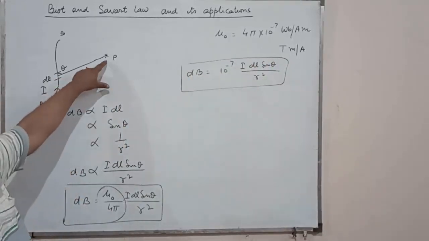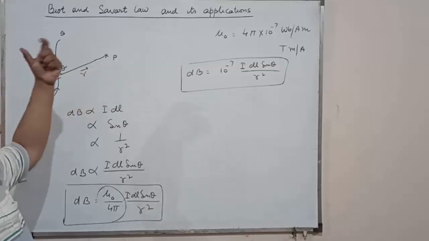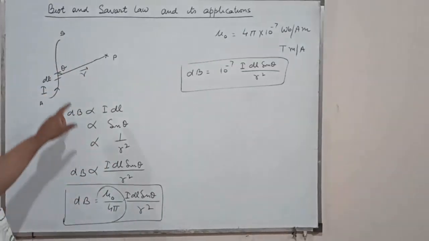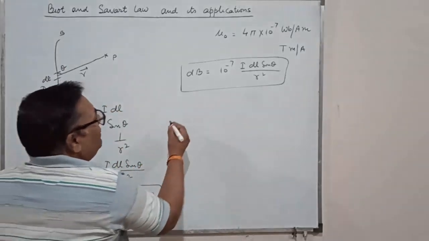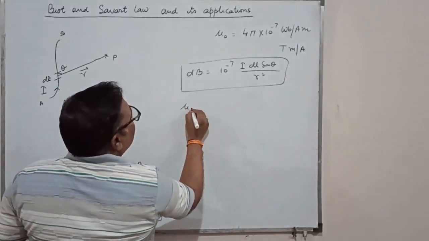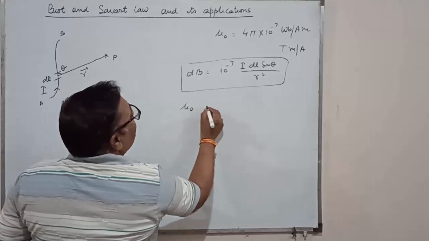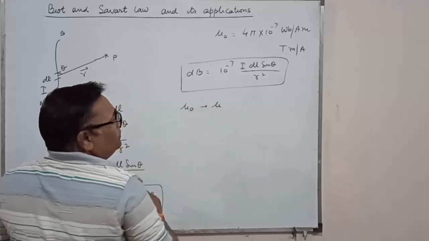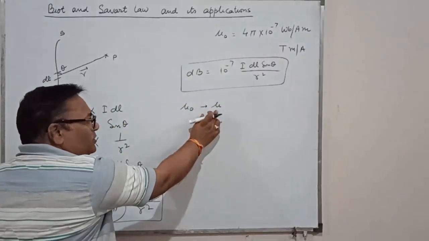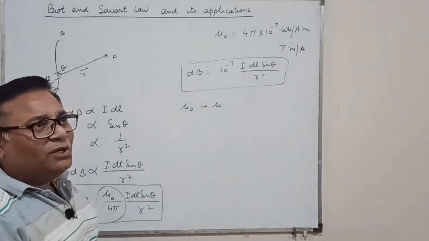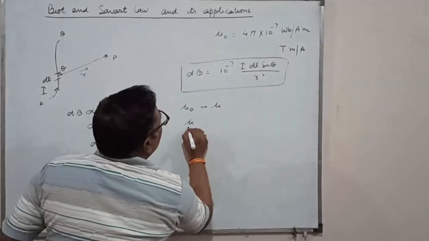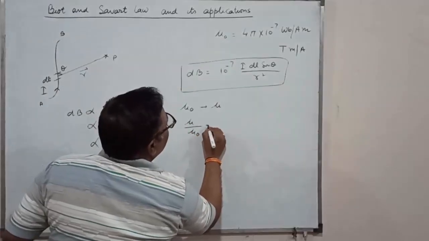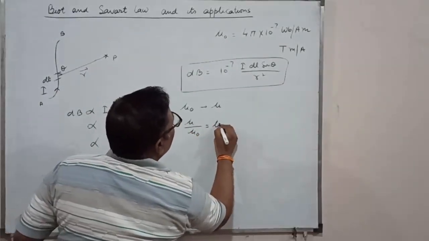If this conductor and the point lie in a medium, then mu naught is replaced by mu. Mu is the permeability of the medium, and its value is given by mu upon mu naught equal to mu r.